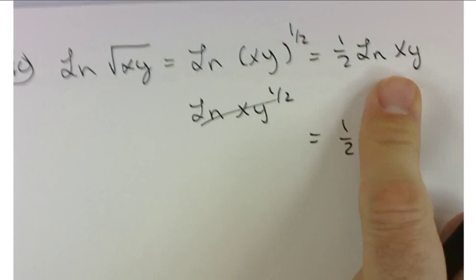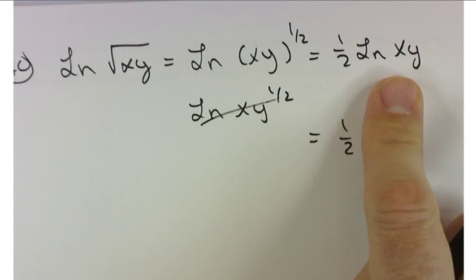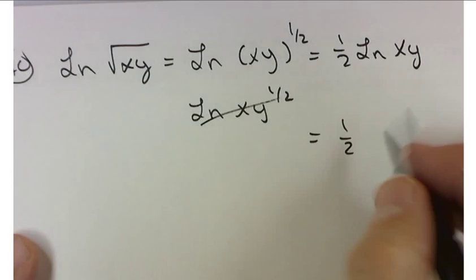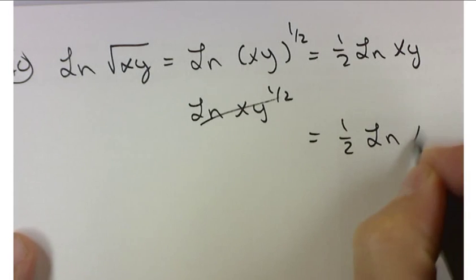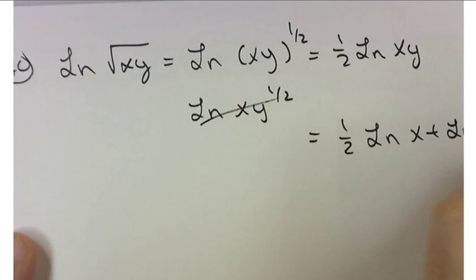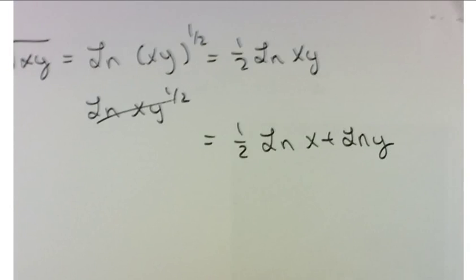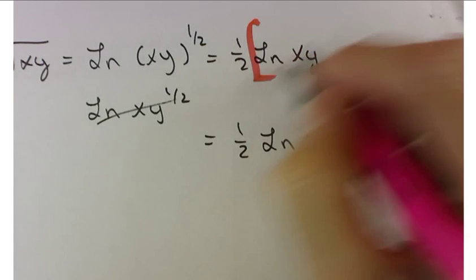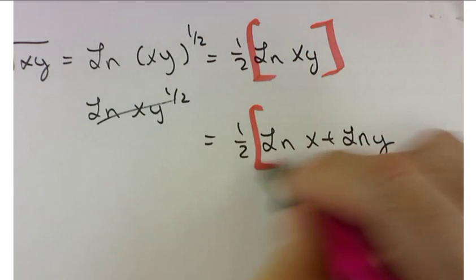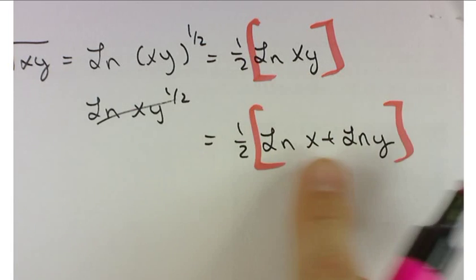What rule do I use next here? Would I be correct in writing it like this? This is something you're going to have to get careful with. Yes, perfect. So again, let me expand this way.